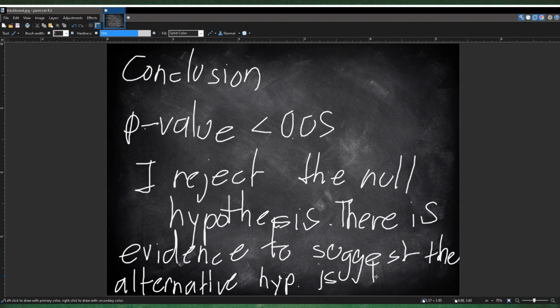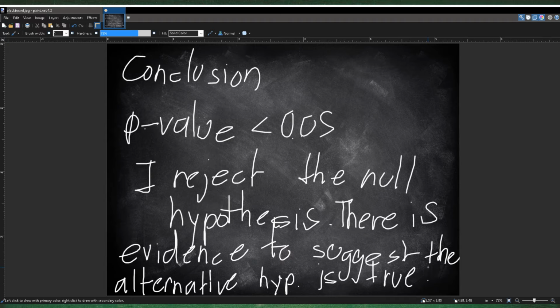But you always have to put this in context. The first sentence is always I reject the null hypothesis, or I fail to reject the null hypothesis. But the second one you always have to write in context. You can't just say the alternative hypothesis is true.